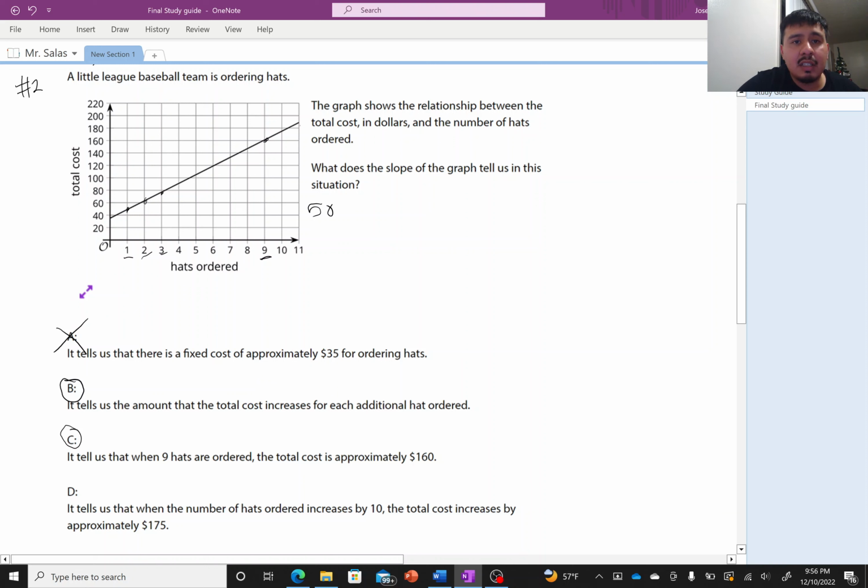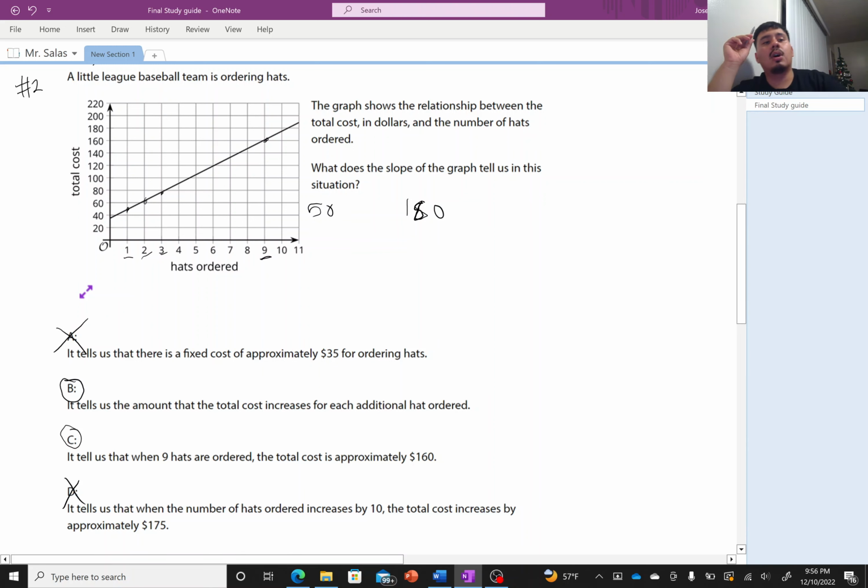At 11, it looks like it's at, let's say, 185. We don't have to do any type of math. We can tell that it does not increase by about $175. If anything, it increased by about 150 or 140, right? So statement D is not true.